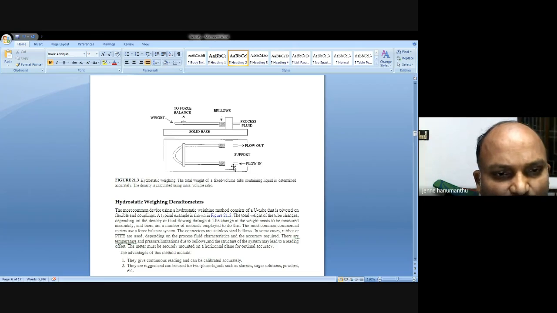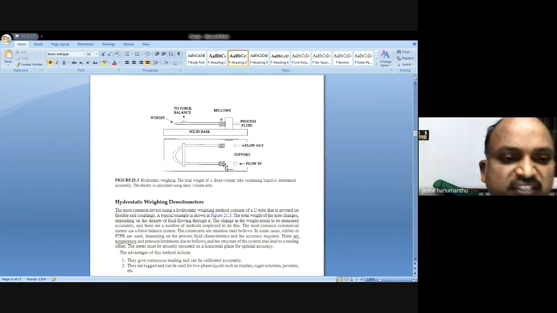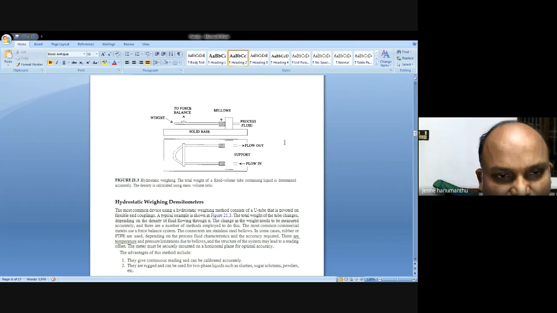Through this, the fluid whose density is to be measured flows in as inlet and flows out as outlet. For this pipe, there is a supporting weighing system and bellows arranged.